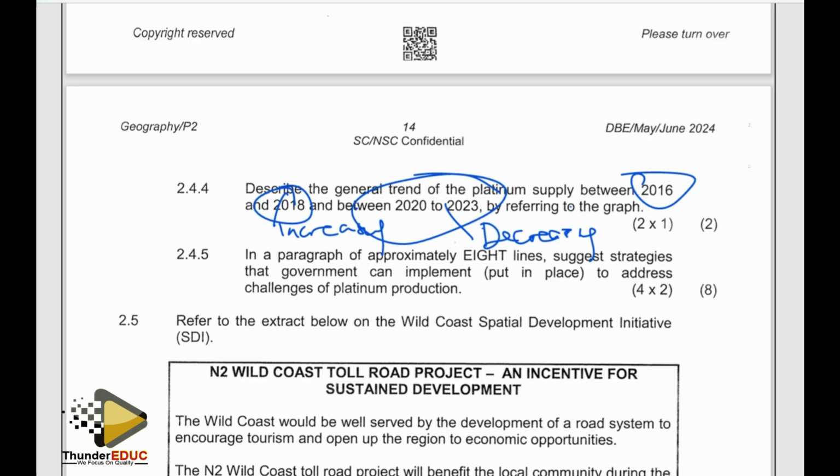The government as a stakeholder can sit down with the mining companies and trade unions, trying to figure out a way so that there is no continued labor unrest in the platinum mining industry, because it has had a negative implication on production levels of platinum, given the continued industrial action taken by workers in the platinum mines under the influence of their trade unions. And also with electricity provision, what can the government do?